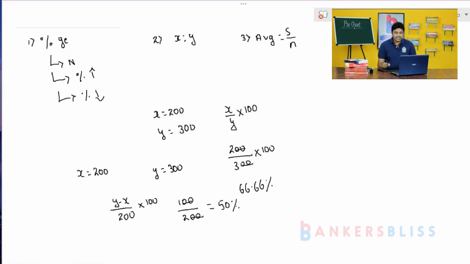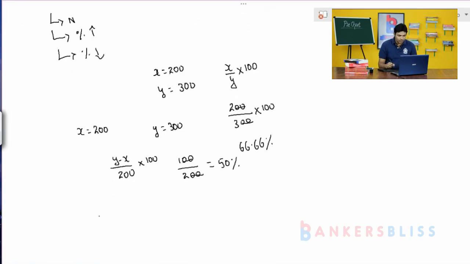Next, consider y as rupees 300 and x as rupees 200. Now x is how much percent less than y? The denominator is y, and in the numerator you calculate y minus x into 100.